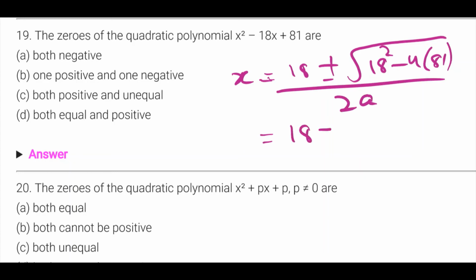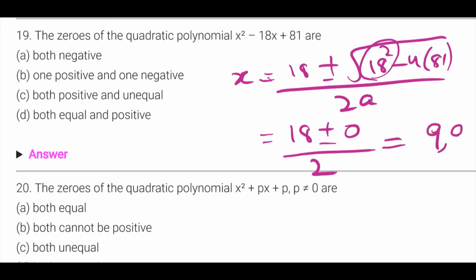This is 18 plus or minus root of 18 square minus 4 into 81. This is 324 minus 324, which is 0, by 2. a is 1 here. We are getting 18 by 2, which is 9. So both the roots are equal and positive. So option D.